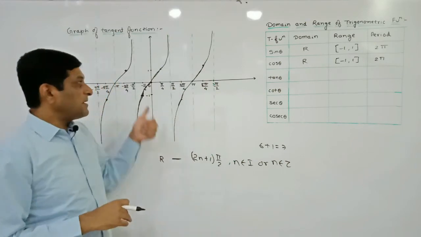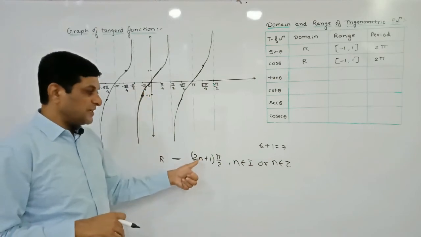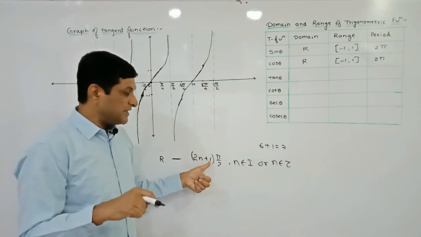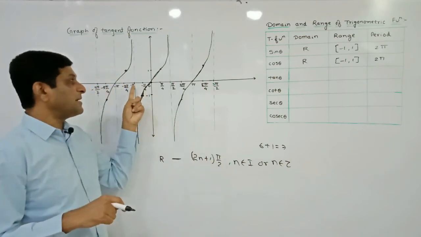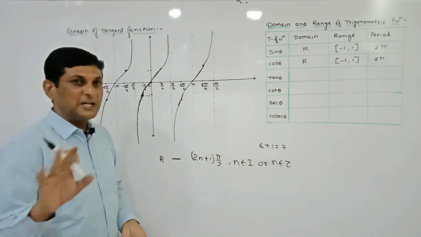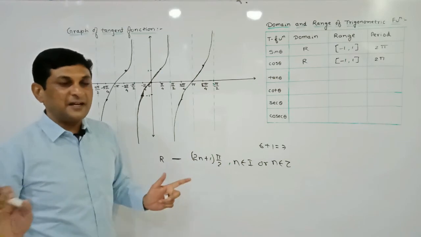Odd number. If I replace the value of n by -1, -1 into 2 is -2, -2 plus 1 is -1, -1 into pi by 2 is what? Minus pi by 2. This represents an odd multiple of pi by 2, and at an odd multiple of pi by 2 the value of tan theta does not exist.